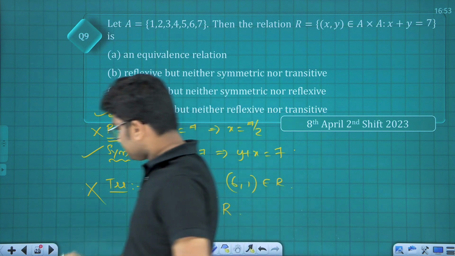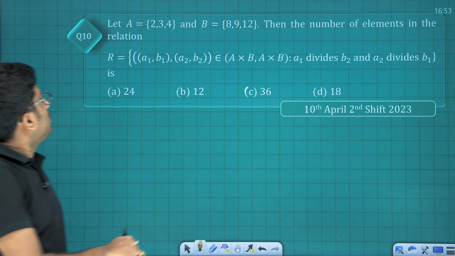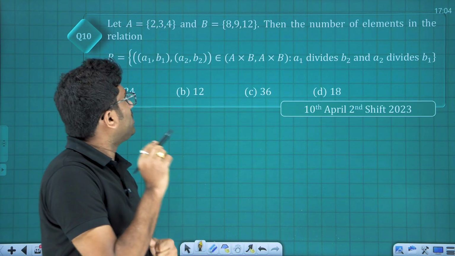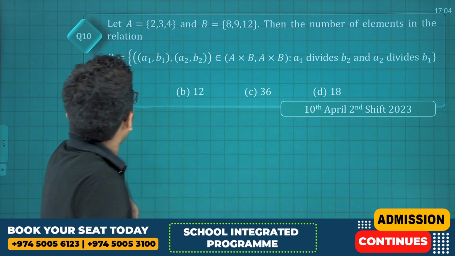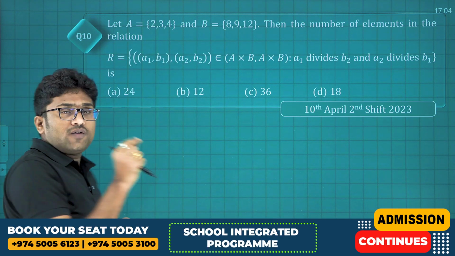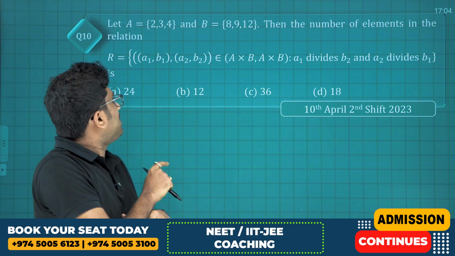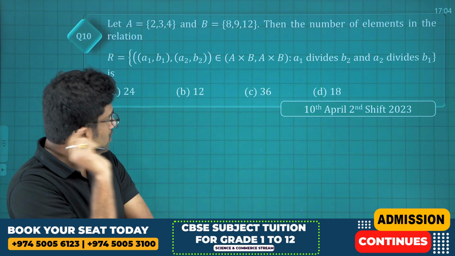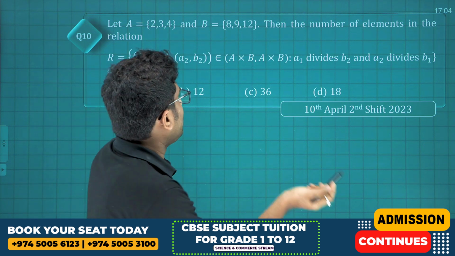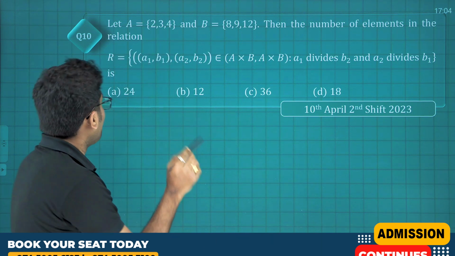Next question. A is equal to the set {2, 3, 4}, B is equal to the set {8, 9, 12}. Then the number of elements in the relation R is equal to the set of ordered pairs ((a1, b1), (a2, b2)) belonging to A cross B, such that a1 divides b2 and a2 divides b1. So here we have two sets, friends.